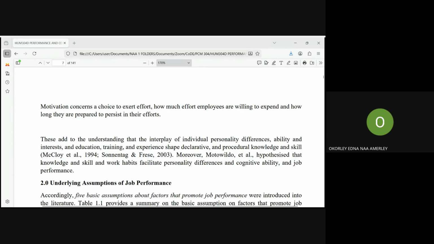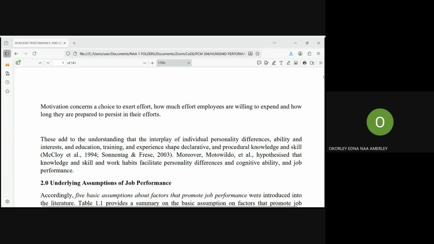Once the person makes the choice, we call it internal motivation. If the motivation is coming from outside, then we call it external drive or external motivation. So the person has made a decision, and whatever the person wants to do, it is a decision from him or her to do it.